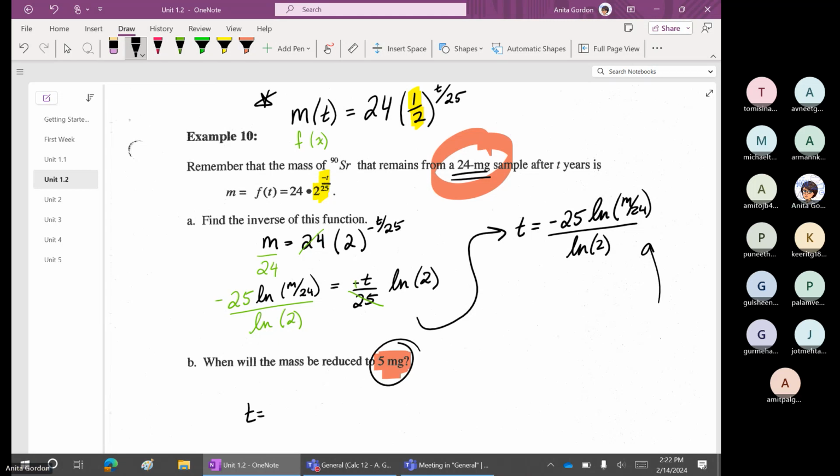Put it in your calculator with 5. What's the meaning?